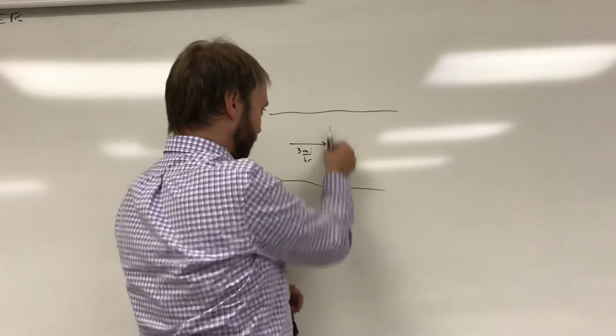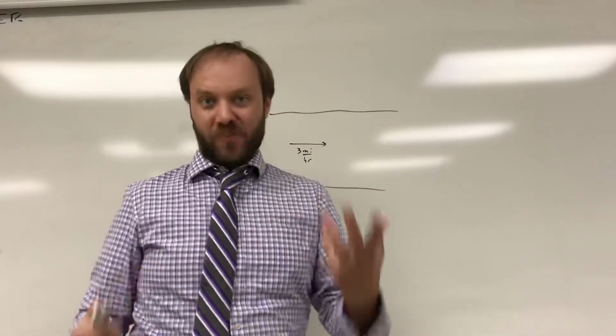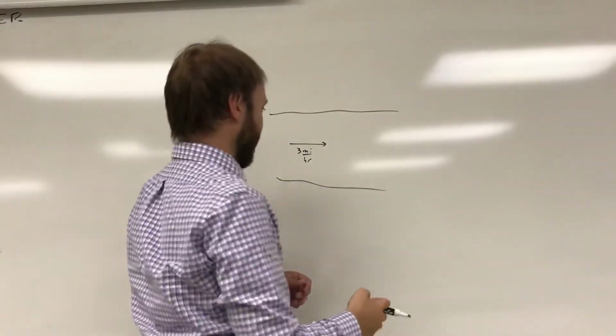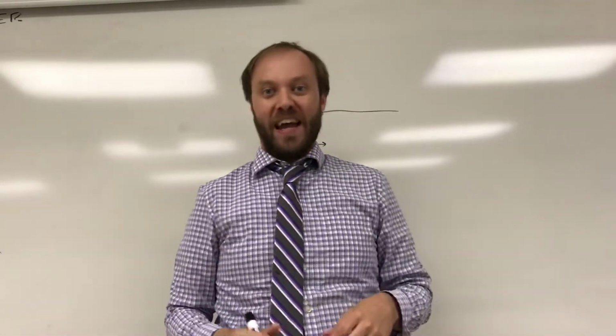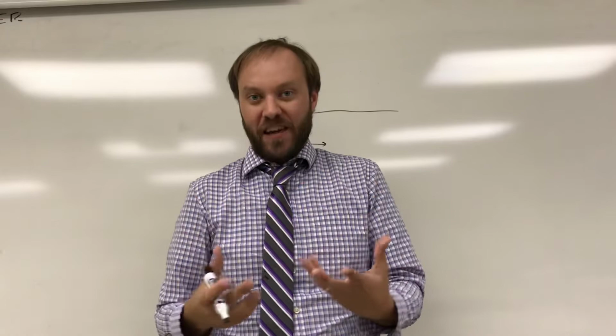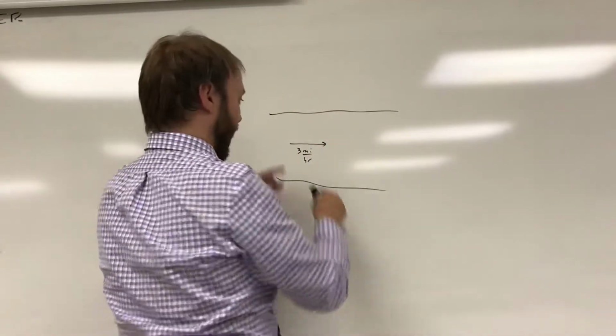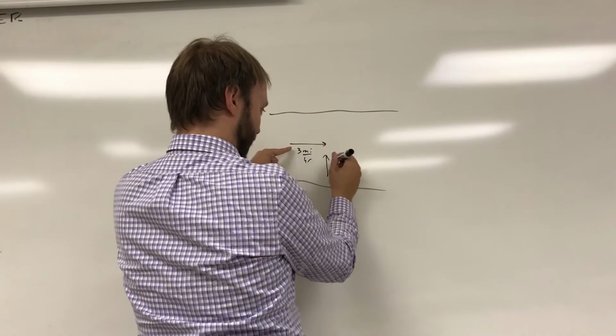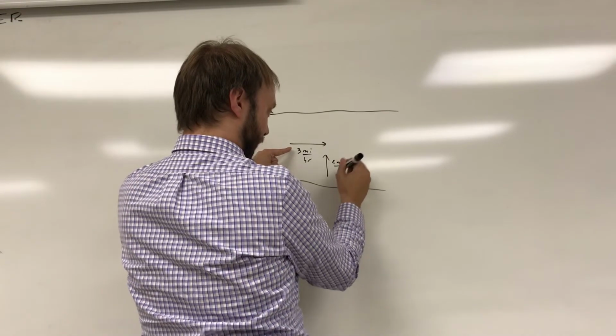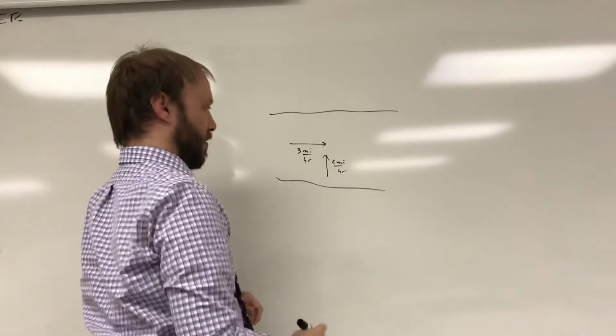Maybe you're trying to go this way at 2 miles per hour, okay? And the river is simultaneously kind of carrying you to the side. How is that going to affect your motion, okay? So if the river goes this way, and you're maybe trying to go this way, let's say 2 miles per hour to the north, and the river's going 3 miles per hour to the east, okay?